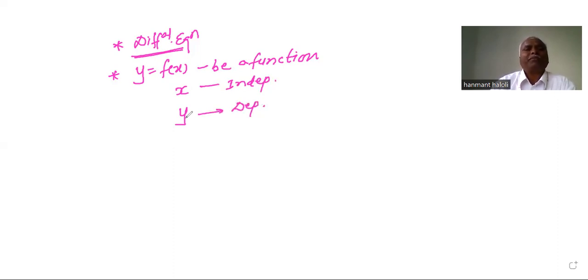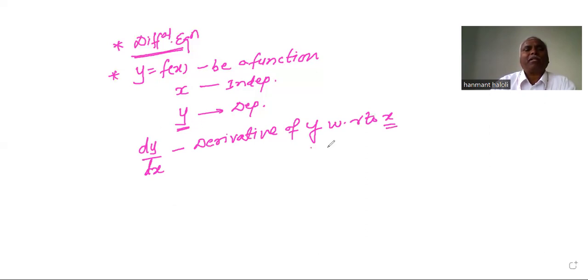To differentiate the dependent variable with respect to the independent variable, we denote dy by dx. This is called the derivative of y with respect to x. Here x is the independent variable, y is the dependent variable.